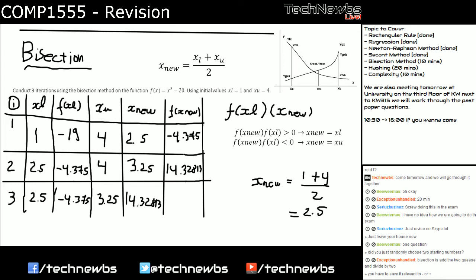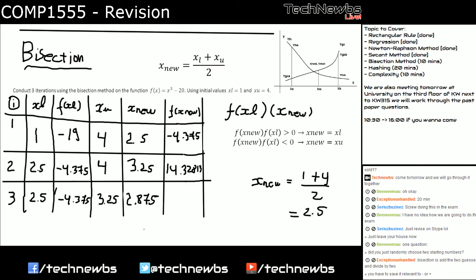Oh yeah, we need to work out x new, not this. This is not a function. So this is x new, so it's 3.25 plus 2.5 divided by 2, which is 2.875, and then you work out the function for this, and that will be 3 iterations done.